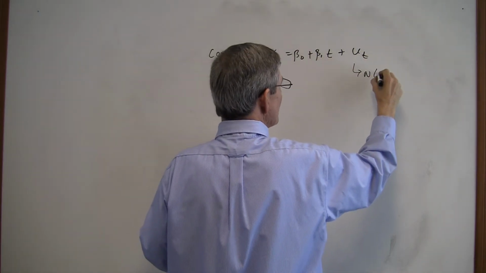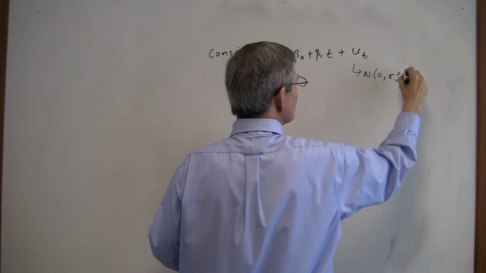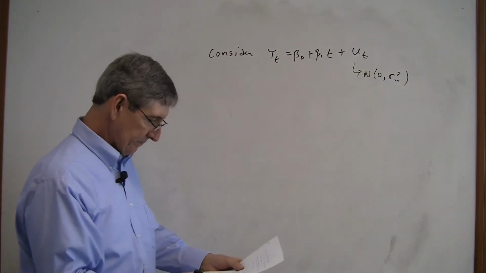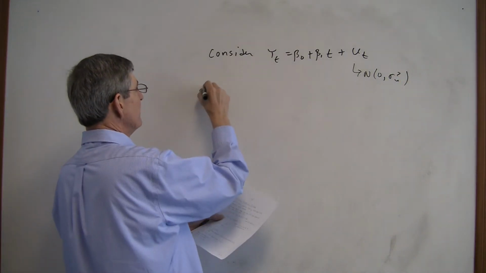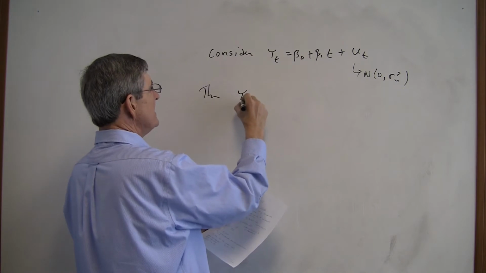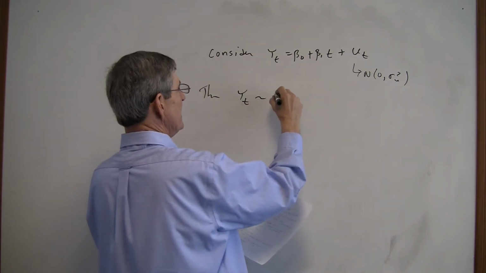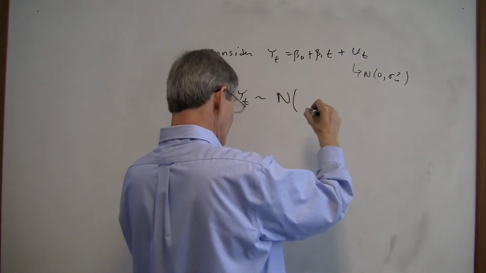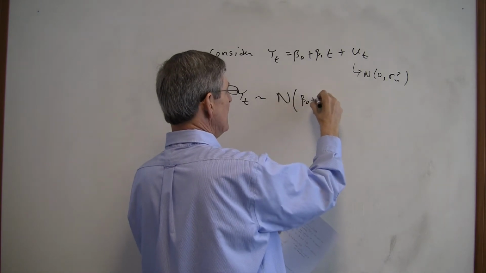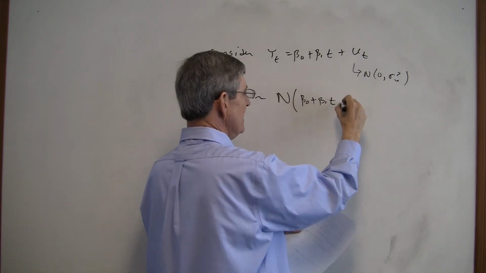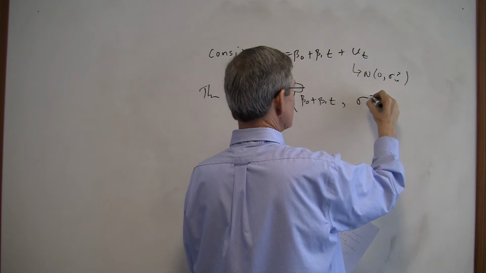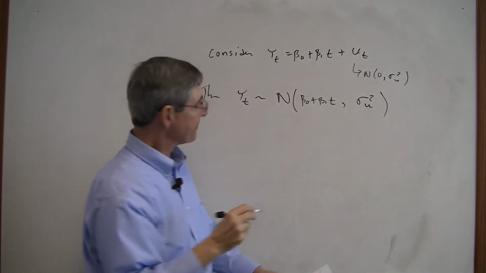It doesn't have to be normal, but it has a mean 0, sigma squared u. Then yt would be distributed normal with mean beta 0 plus beta 1t and a variance sigma squared u.